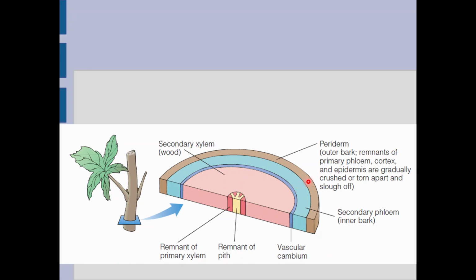So there is also an outer bark that is a remnant of the primary phloem, cortex and epidermis that are crushed because of the growth of secondary phloem and secondary xylem. And then there is the remnant of the primary xylem and the pith. But most of the woody stem tissue is secondary xylem, that is wood.